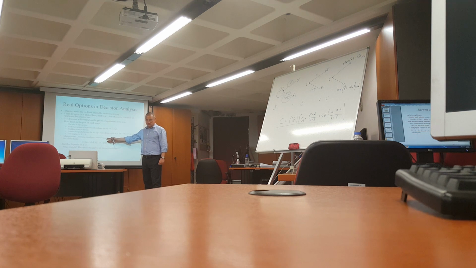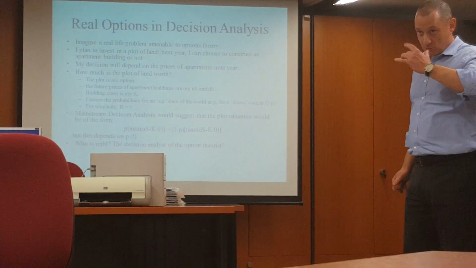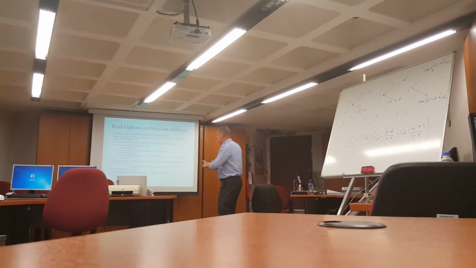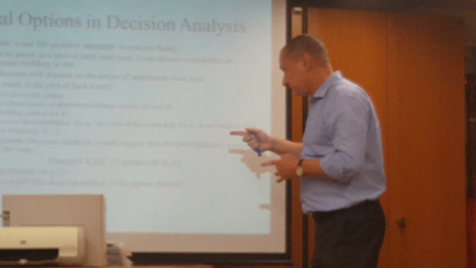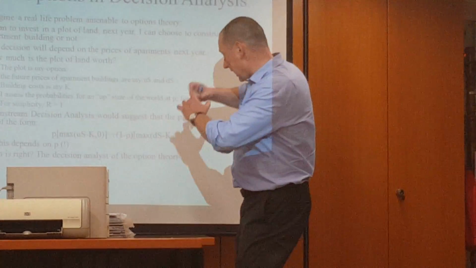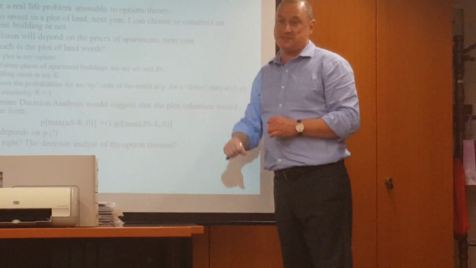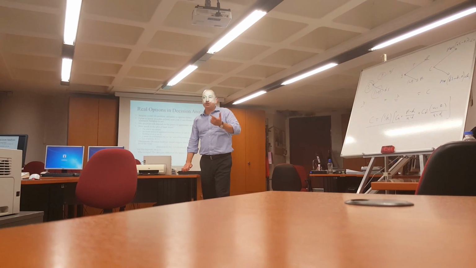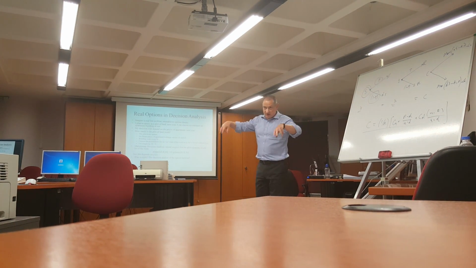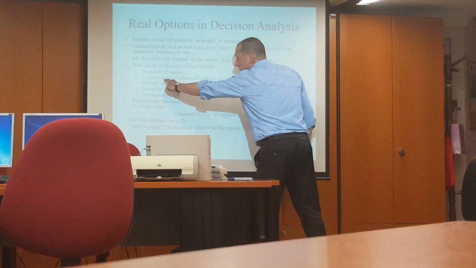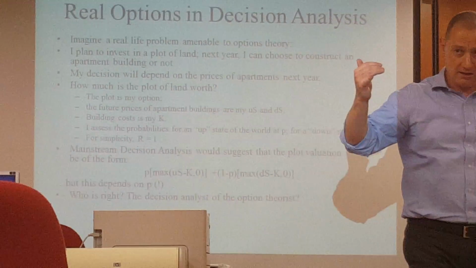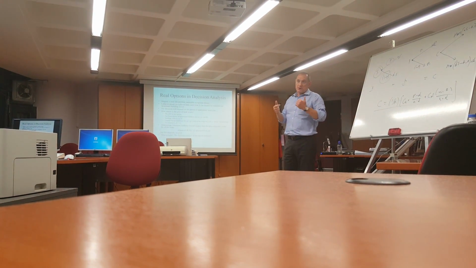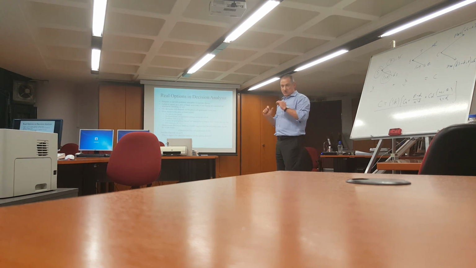The decision analyst should ask how much the plot of land would cost, what its value is, given that in today's market these elemental up and down probabilities of the building values collapse into a spot value for the price of apartment buildings of S. That means if the real estate market is so risk averse as to still keep prices of apartments at S now, even though US is very advantageous and P is very high, this has to be built into the price I'm willing to pay for a block of land. The risk aversion of the market.